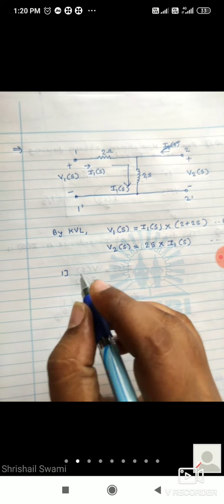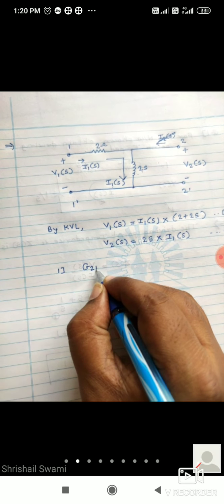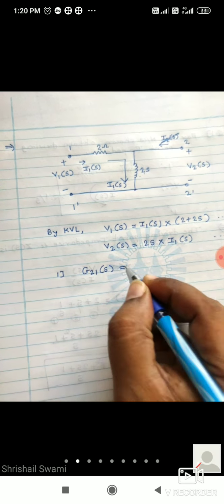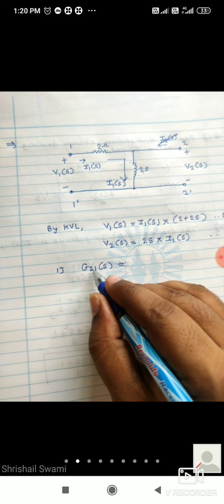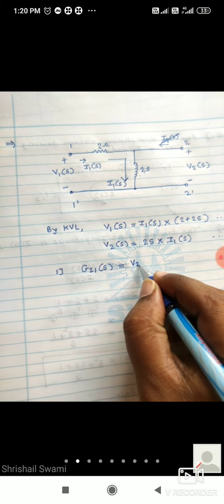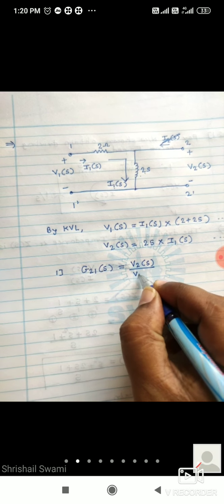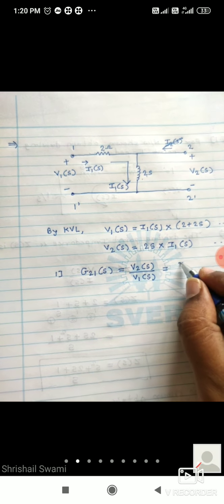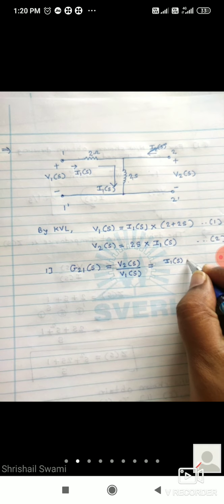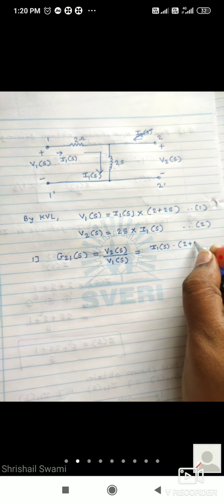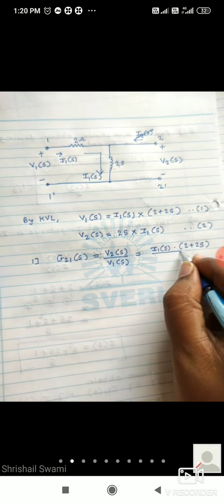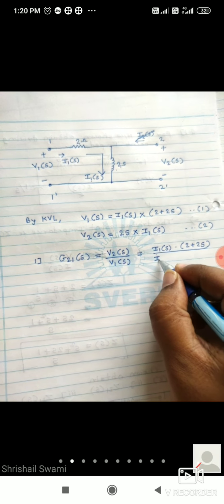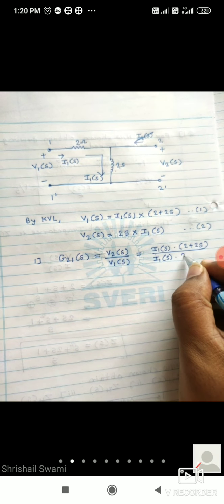So the first one is G21 of S, which is the voltage transfer ratio: V2 of S divided by V1 of S. V2 of S means this one, that is I1 of S into 2S, divided by I1 of S into 2 plus 2S.